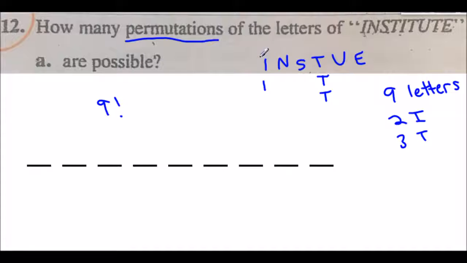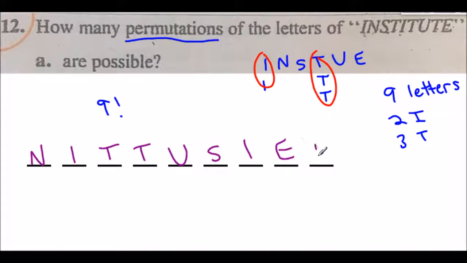But because I have repeated I's and repeated T's, I can't stop at 9 factorial. I've counted too many. So for example, one of the possible 9 factorial arrangements was this word: N, I, T, T, U, S, I, E, T. But if I take this I and simply switch it with this I, I have the same word.